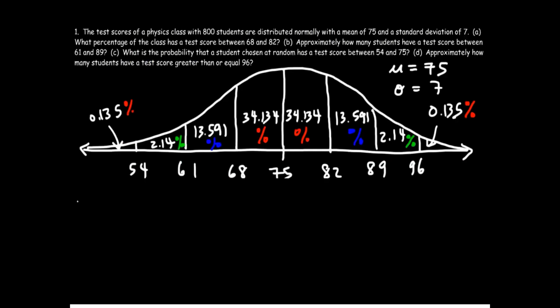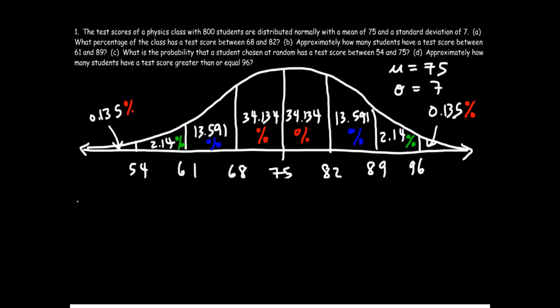So let's say I have a physics class with 800 students, and the test scores are normally distributed with a mean of 75. So the average for the class of 800 students on this test was 75, and there's a standard deviation of 7 points.